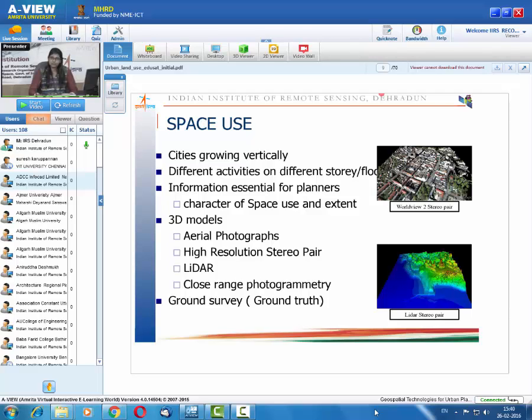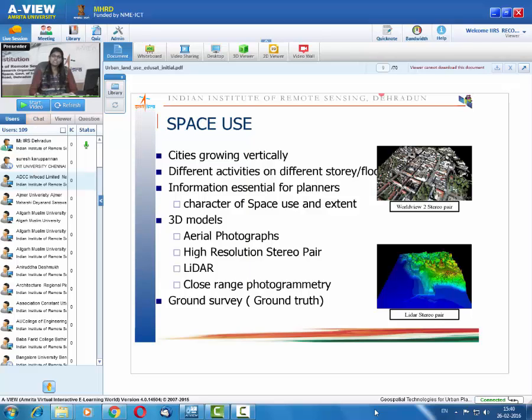We can have aerial photographs where anaglyphs are prepared, and we can have a 3D view of the area. The depth dimension and the height dimension can be perceived if we have a stereo image. Then various high resolution stereo pairs, apart from aerial imageries, are available.